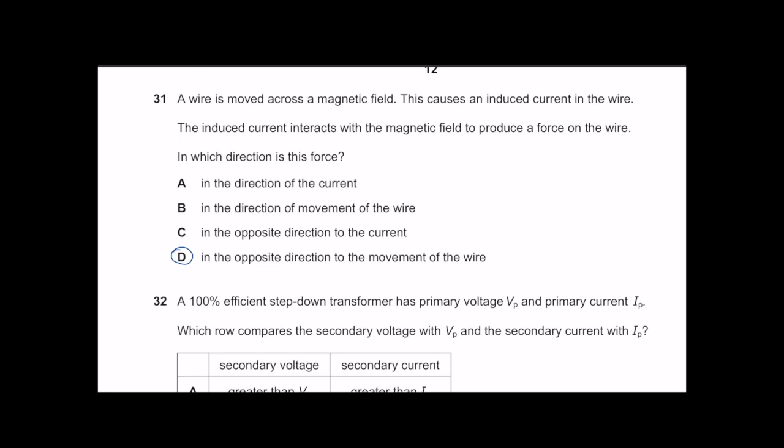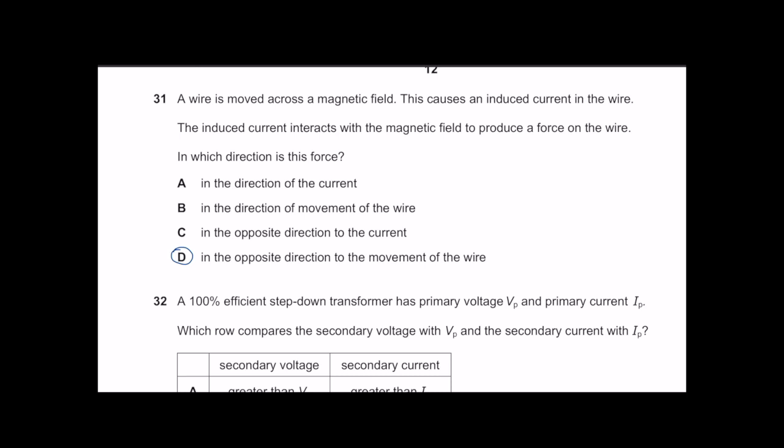But that current produced has a magnetic field, and it will act as a motor, right? When that current is produced, in this case, I need to use my left hand in order to find the direction of the force caused by this induced new current.